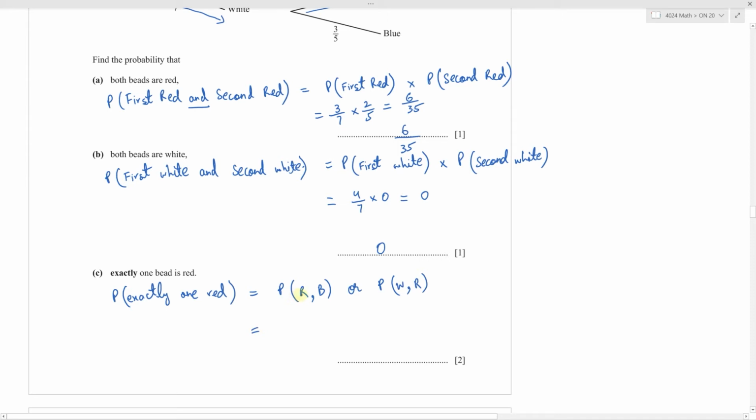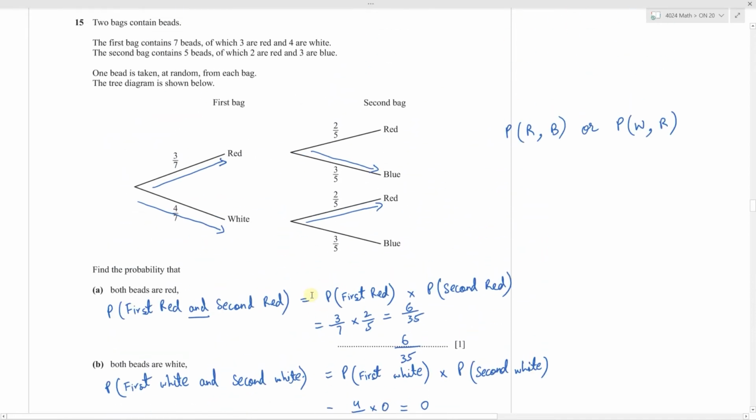So this is probability of first red and second blue, or probability of first white and second red. When you have "and", you will multiply these.